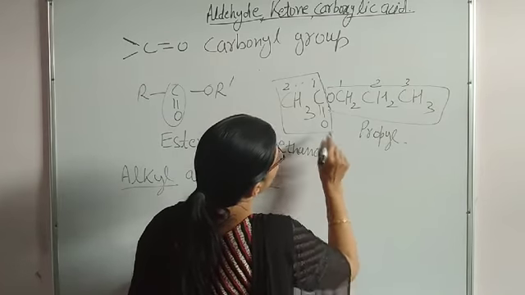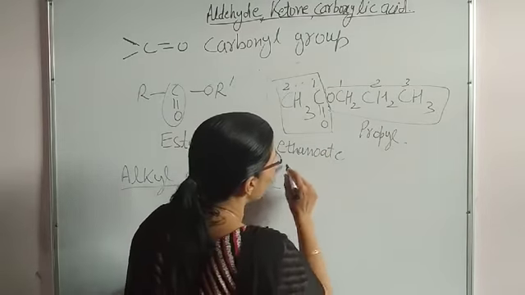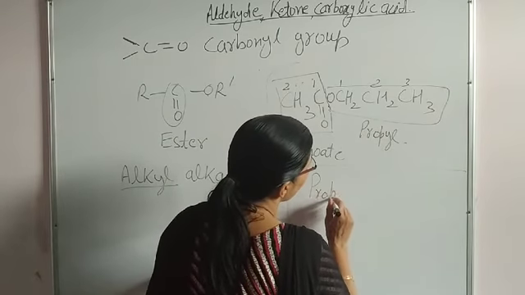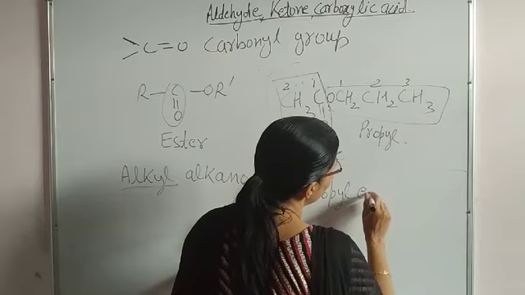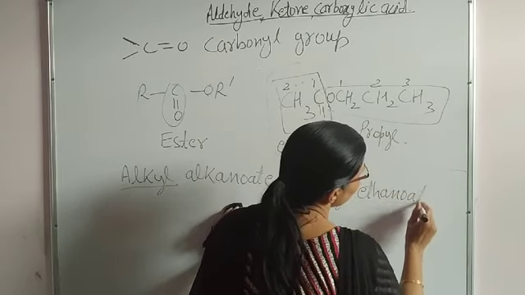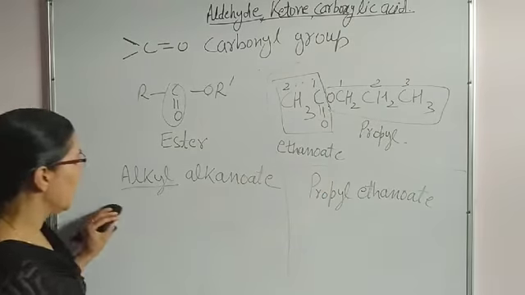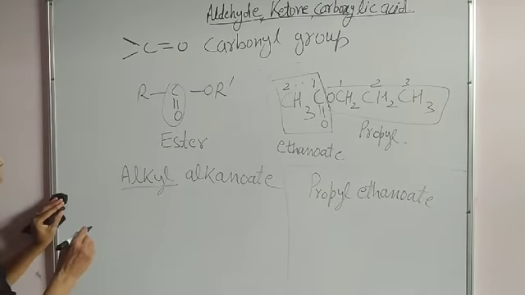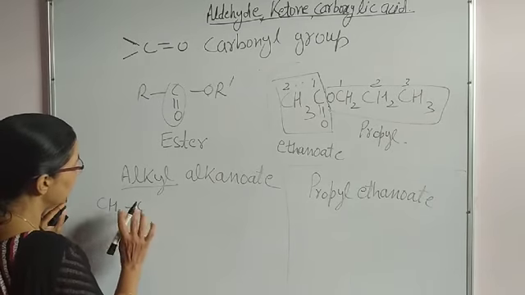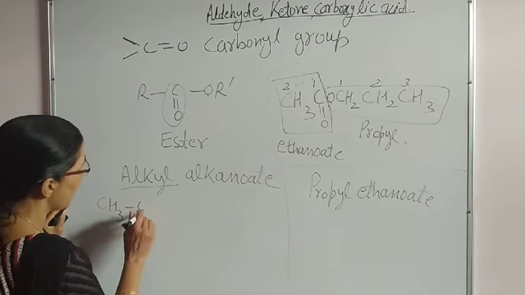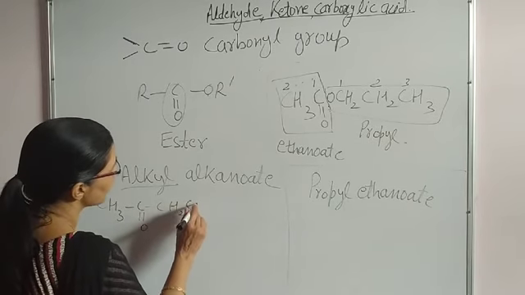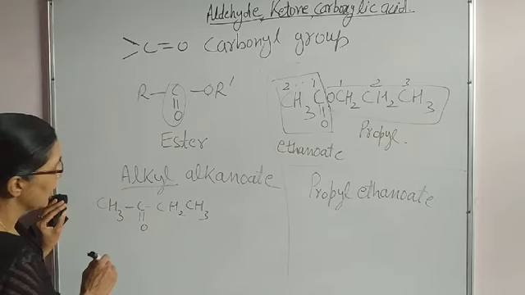It is your rough work. Now the complete name will be, propyl will come first: propyl ethanoate. For this I am taking one more example. For example, CH3COOCH2CH3.